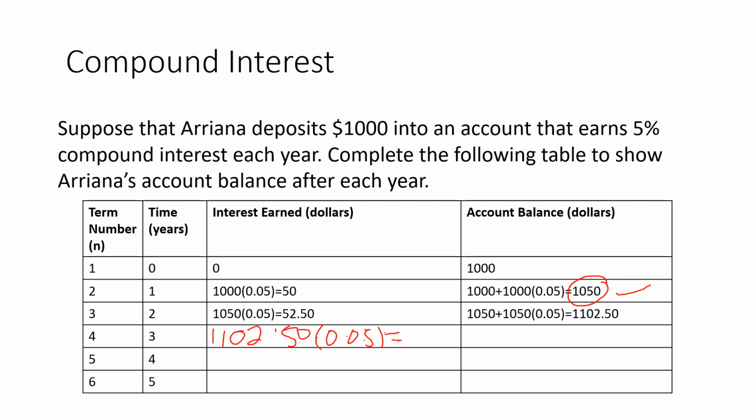You have 55.13. So you add 1,102.50 plus 55.13, which gives you 1,157.63.